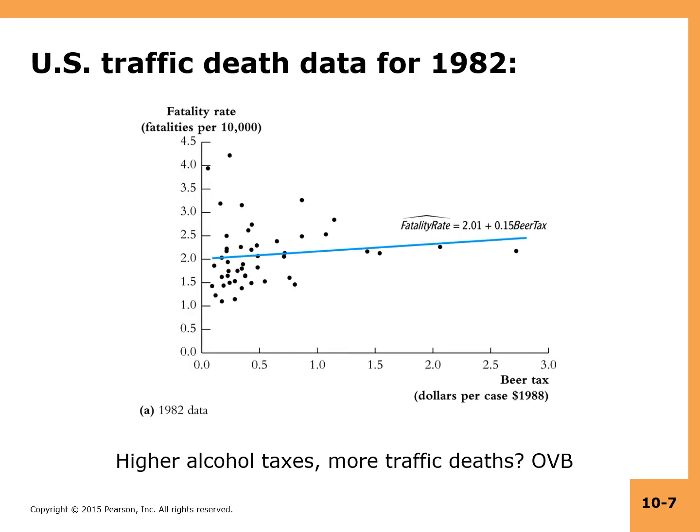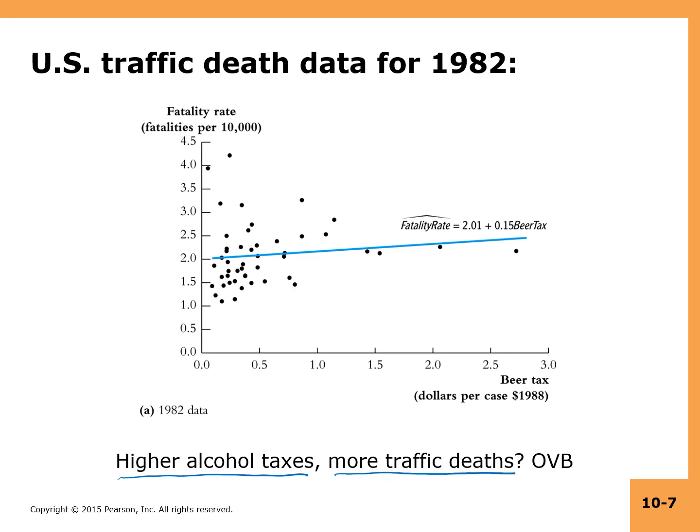Here we're plotting the fatality rate against the beer tax just for the year 1982. As you can see, it looks like there is a slight positive relationship between the fatality rate and beer tax, which is counterintuitive because this is saying that higher alcohol taxes are correlated with more traffic deaths.